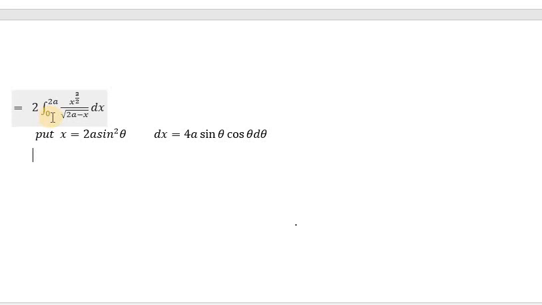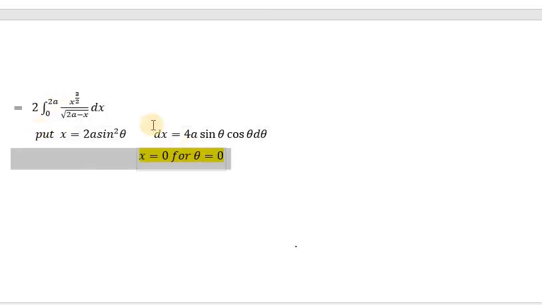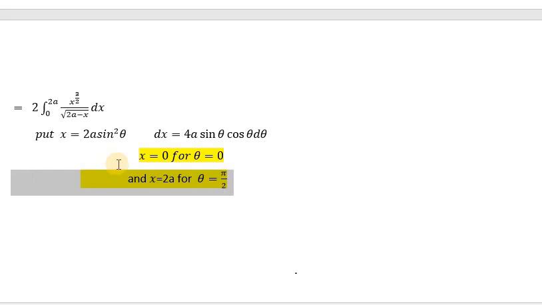The x is varying from 0 to 2a. When x is 0, 2a sine square theta equals 0, which means theta equals 0. Then for x equals 2a, if you substitute, 2a equals 2a sine square theta, the 2a cancels, so sine square theta equals 1. When sine square theta equals 1, theta equals pi by 2.